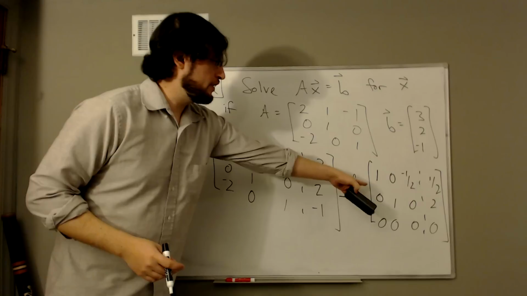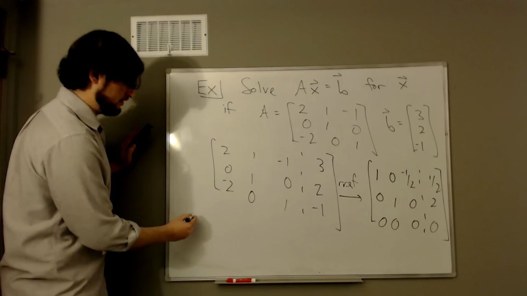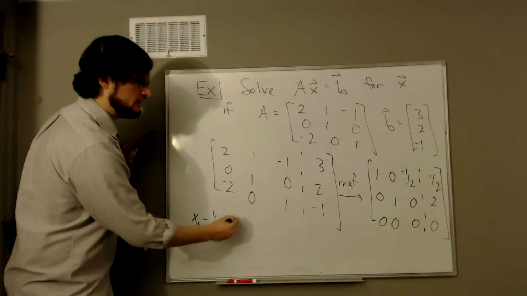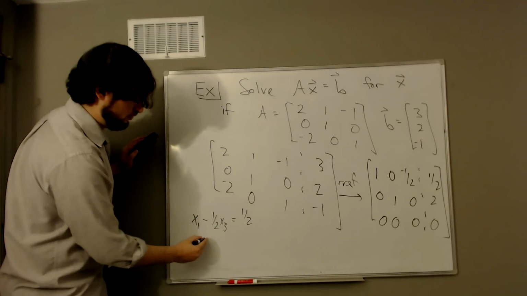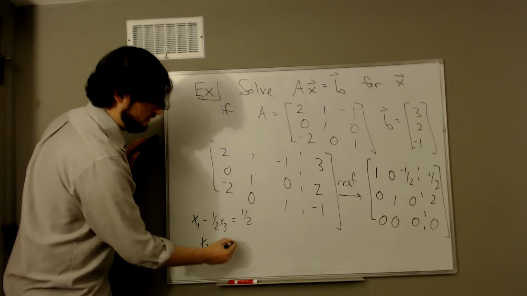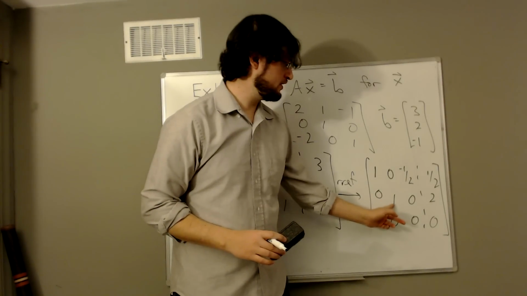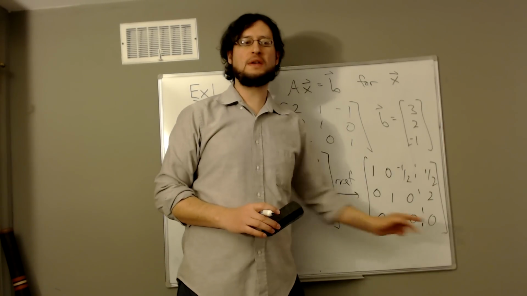So if we return that to a system of equations, we see that the top line reads x1 minus 1 half x3 is 1 half. 0x1 plus x2 plus 0x3 is 2. And x3 has no pivot in it.